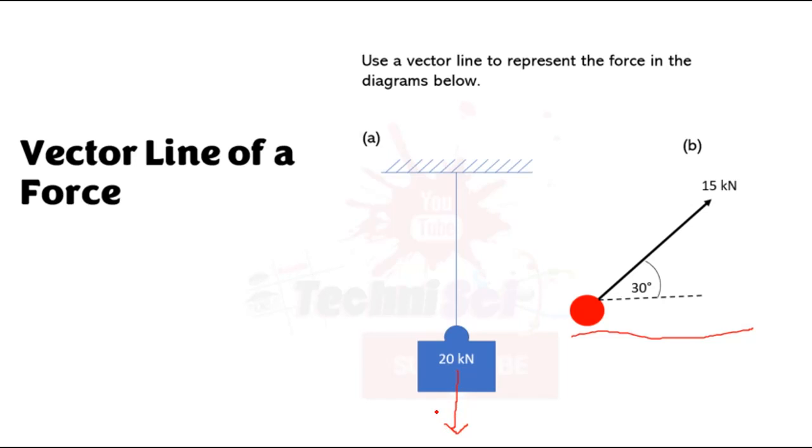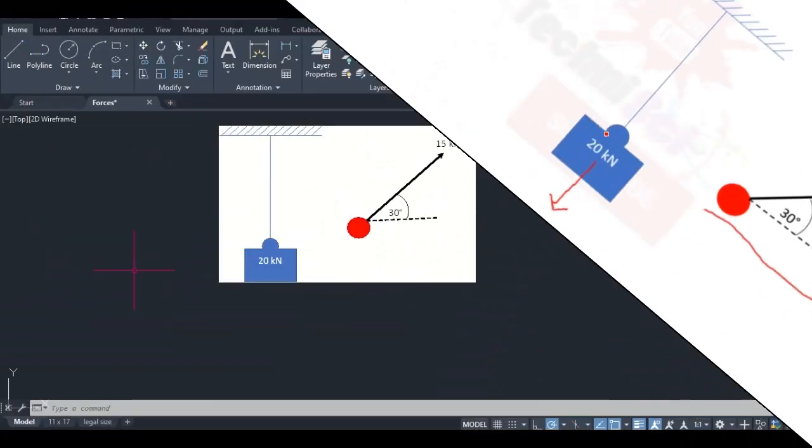And so that's why whenever we have forces attached in this manner, we would show the arrow for the force acting downwards, because that is where the force is acting. And of course, that has to do with the pull of gravity as well. So that's why we would represent the force in that way. So let's go over to AutoCAD.